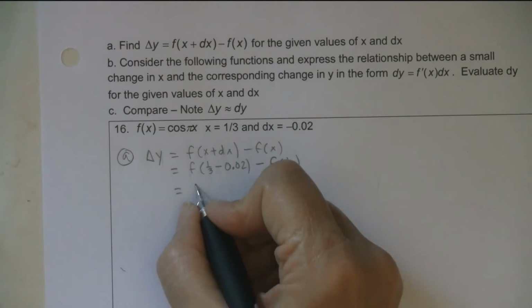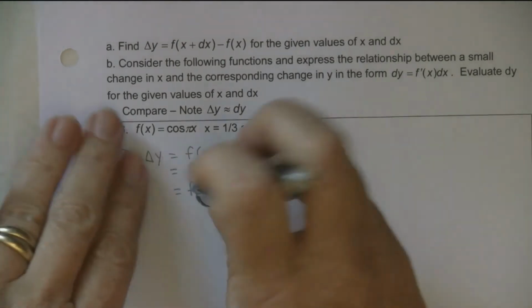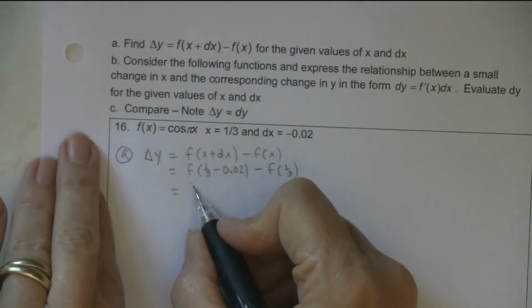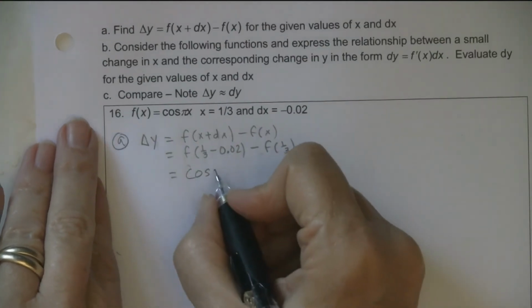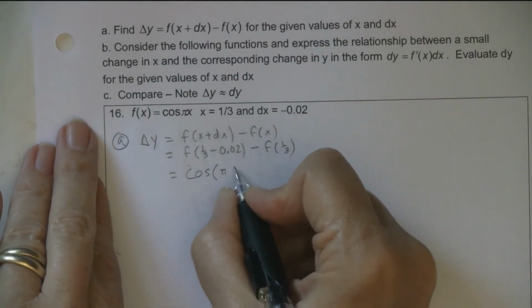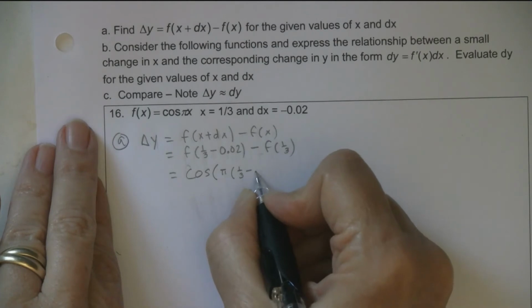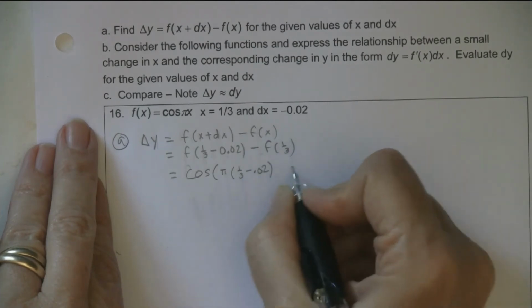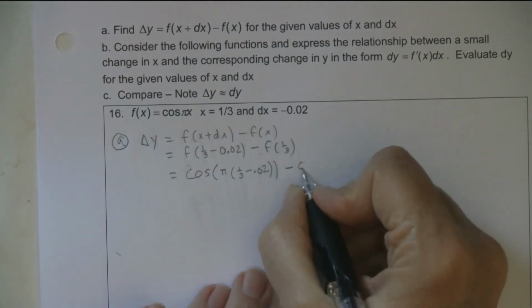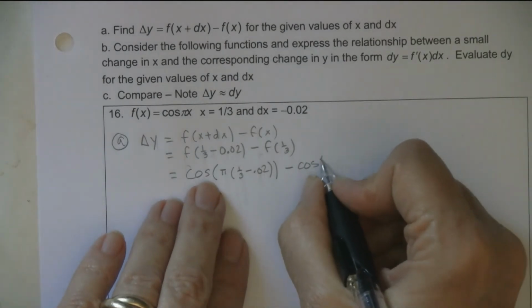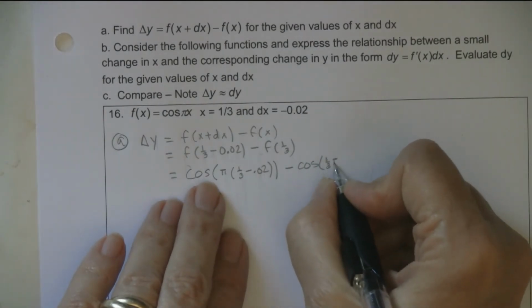And this f is cosine, right? And so this is the cosine of pi times 1/3 minus 0.02, minus, and then this is just the cosine of 1/3 pi, right?